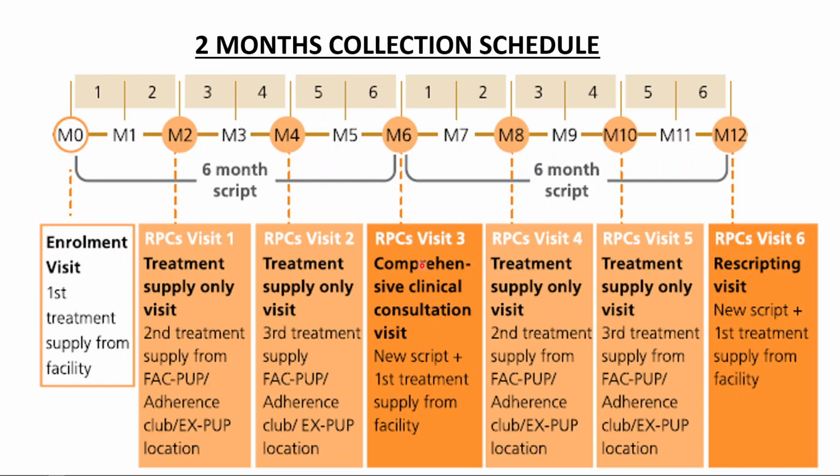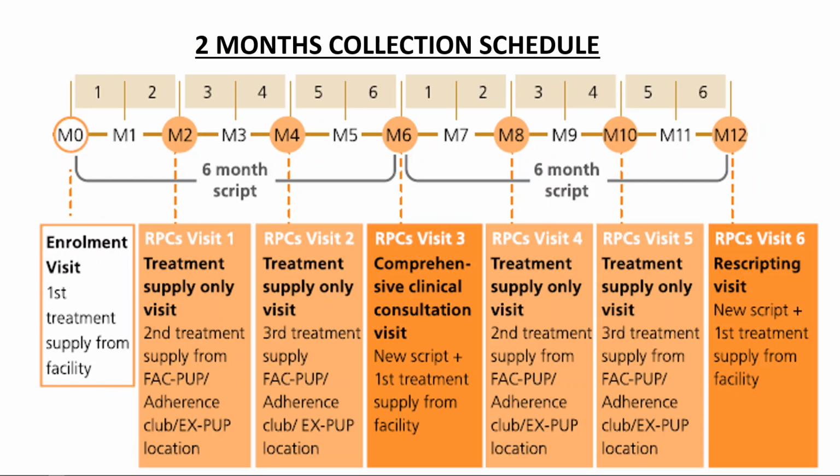So the patient needs to join the patients that were initiated on treatment in the same month as they were, but they will join these patients on month 6. So they will have their script done and they will get the supply for these 2 months. And then they will continue, and then they will start with these patients again in month 0.